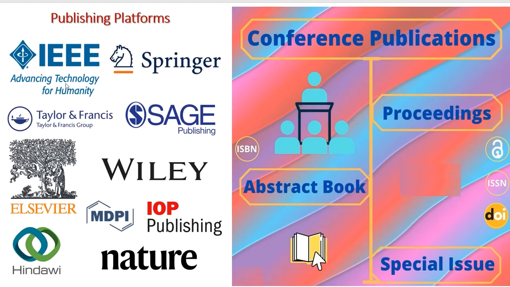If you want to publish your paper through IEEE, Springer, Francis and Taylor, SAGE Publications, Elsevier, Hindawi, Wiley, MDPI, IOP Publishing, or Nature, these are some of the finest publication platforms. If you want to publish your paper, the organizing chairs approach Springer and other conferences for the publication mode.